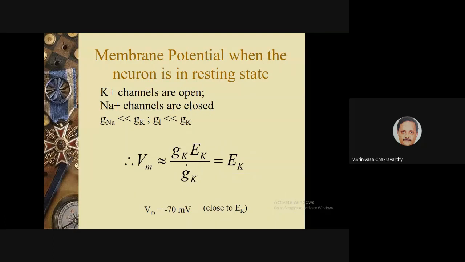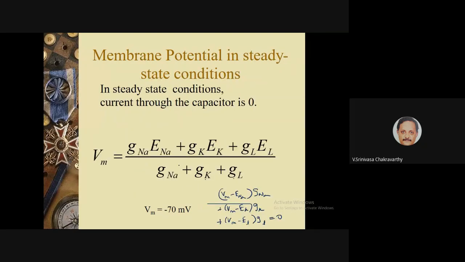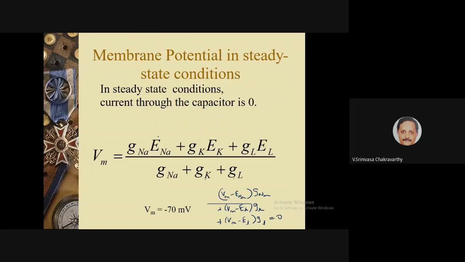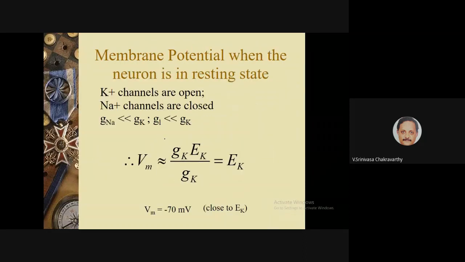Now consider what happens in 2 situations. We said that GNA and GK are variable because you have the arrows here. By some mechanism you can control them, and let us assume you can control them independently. Consider a situation where GNA is high and both GK and GL are low.